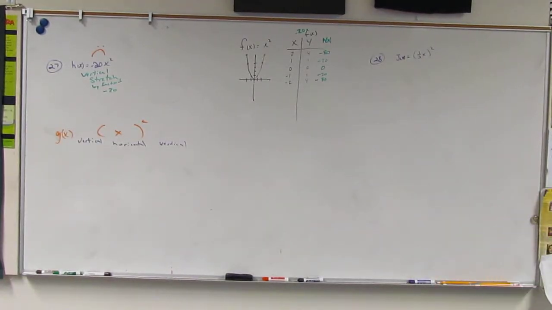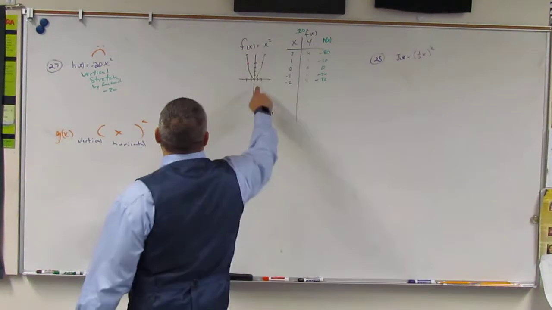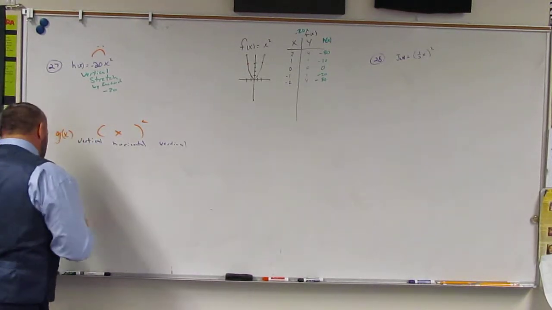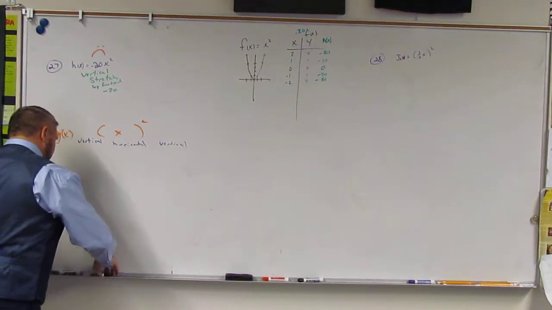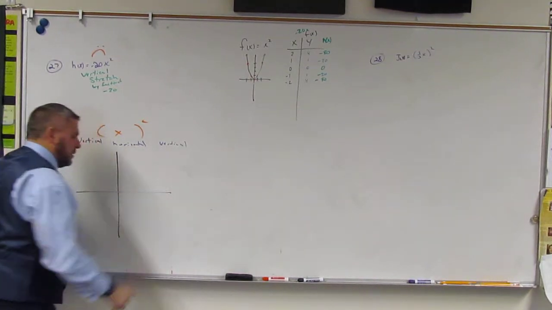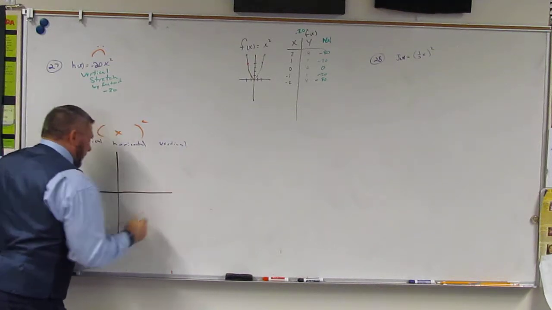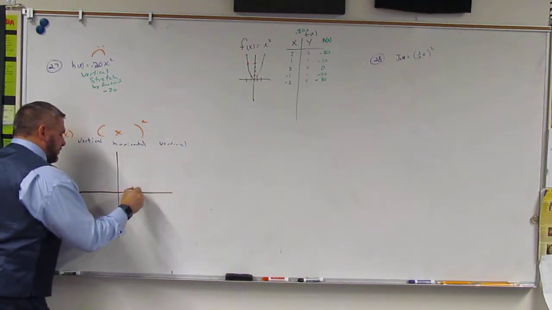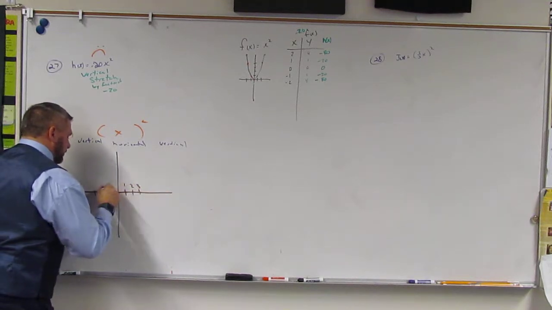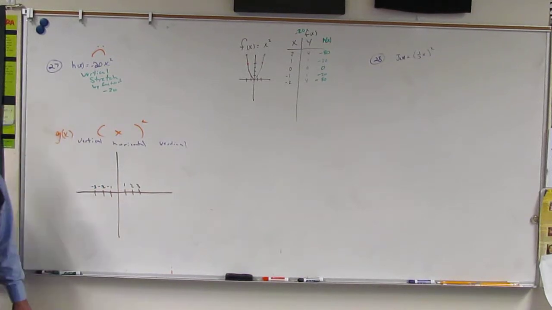Could I graph that? Sure I could. Do I want to graph it on this plane? I don't think so. I think I want to make another one, right? So what I'm going to do, if I need to fit 80 on here, well, fitting 1, that's just 1, 2, 3, right?